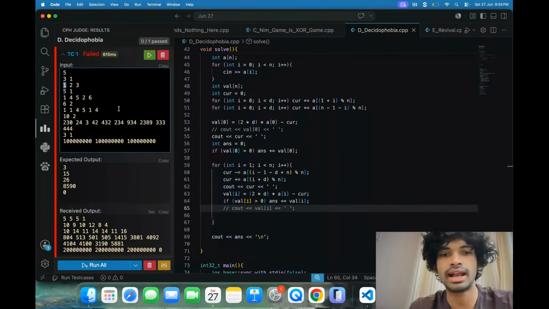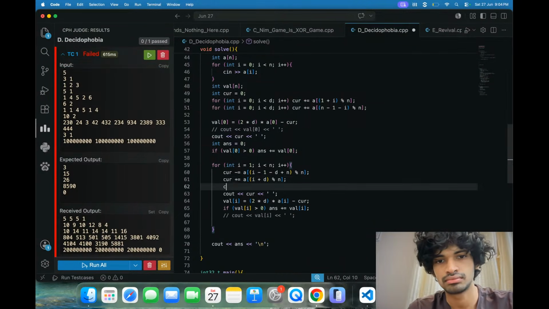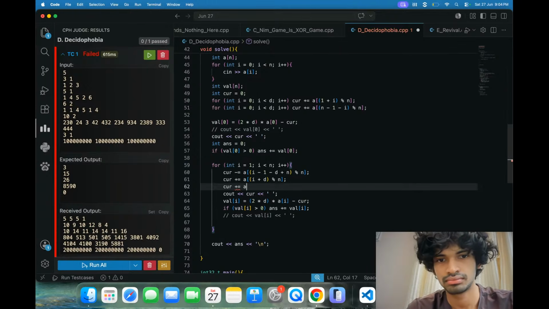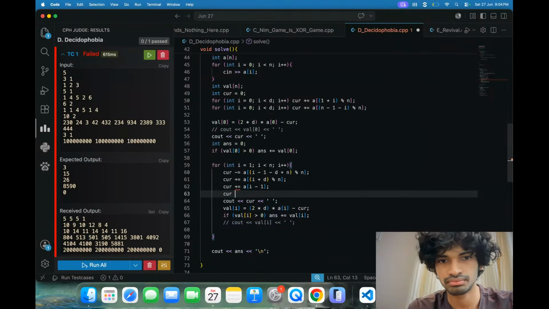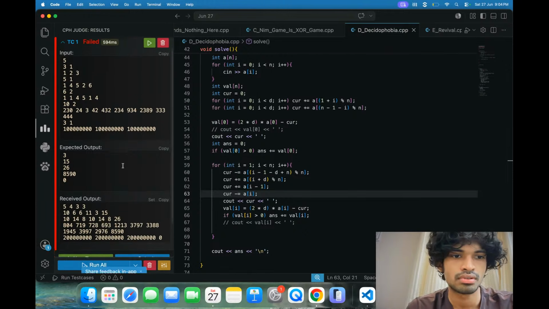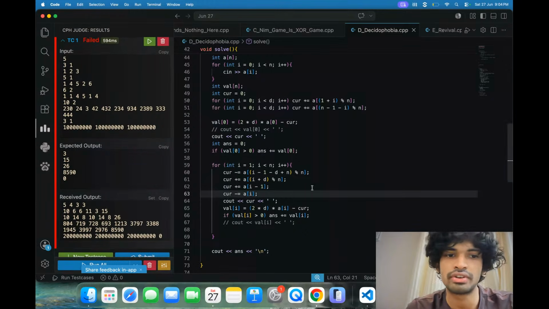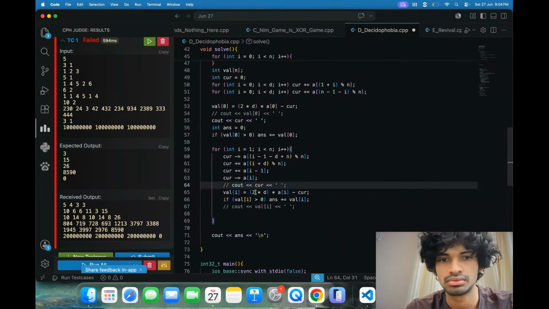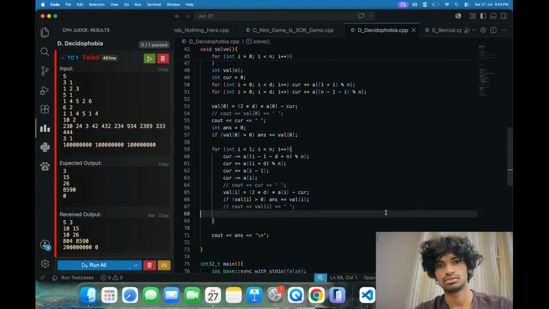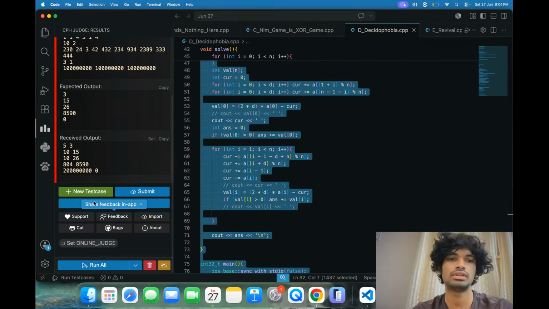Oh, okay, this will get added, right? Three, 15, 26, 85900. There is a hole there. I forgot about the hole. Without the hole, everything is the same, right?